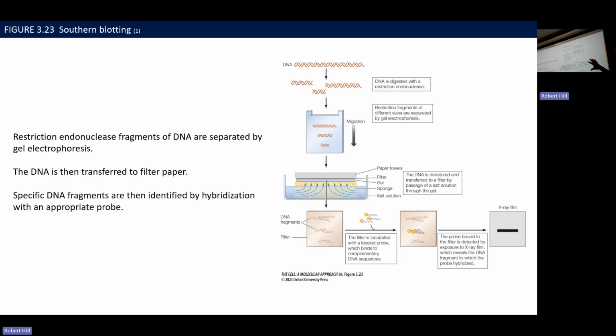So first you have to transfer the DNA to a workable substrate. You assemble this sandwich and apply a current, and the DNA will move out of the gel and stick to a piece of filter paper. Now you can expose that paper to your DNA probe and it will bind. If it's fluorescent, it'll glow, or if it's radioactive, it'll also glow, and you can detect that with X-ray film.